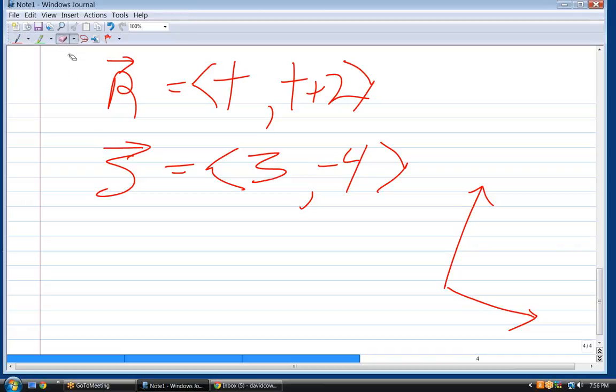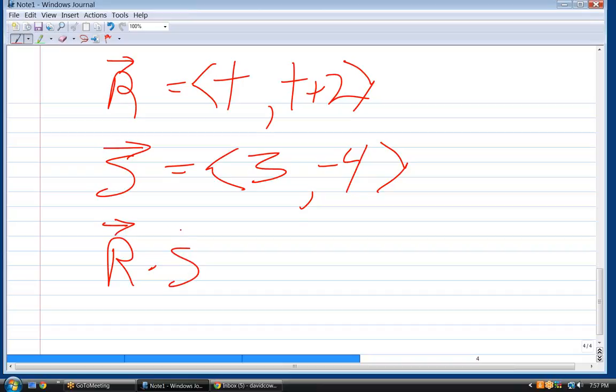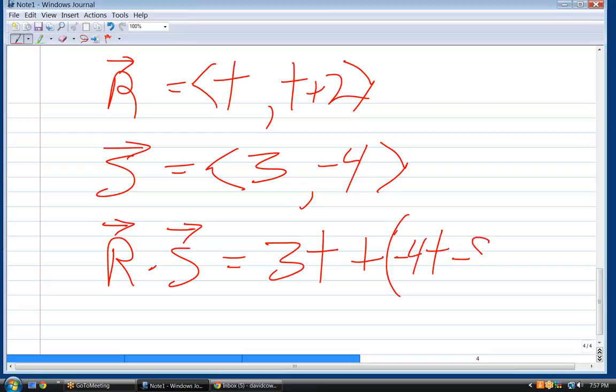And you get the dot product of two vectors by multiplying the components and adding them. In other words, the dot product of R dot S is equal to 3 times T plus minus 4 times T plus 2. So that would be plus a minus 4T minus 8.